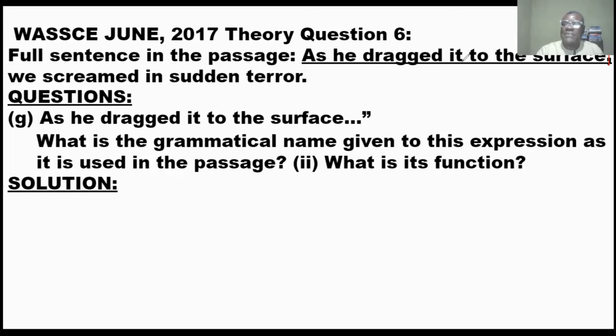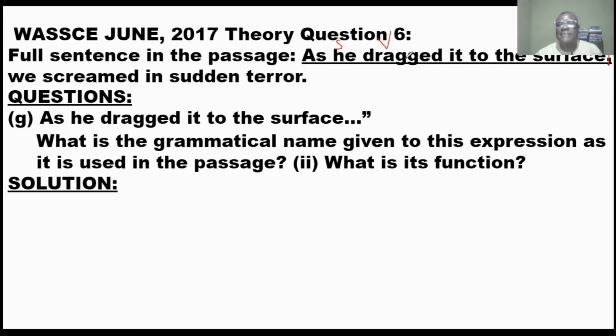Now, this shows us that the grammatical unit or class being talked about is something that has to do with an adverb of time. If it is a single word, it is an adverb, but this is not a single word. It's a group of words. It's either an adverb phrase or an adverb clause. Let's see if it has a subject and a verb. Yes, it has. This is the subject. This is the verb.